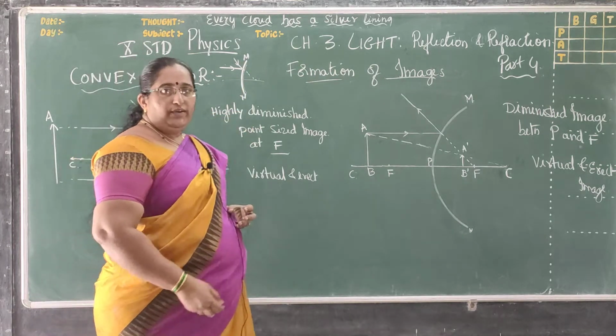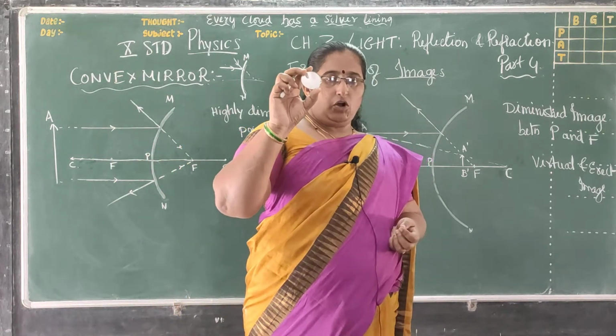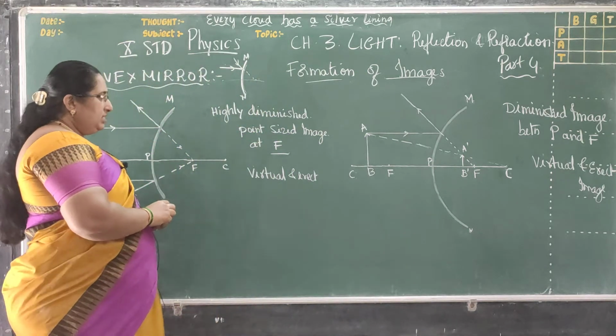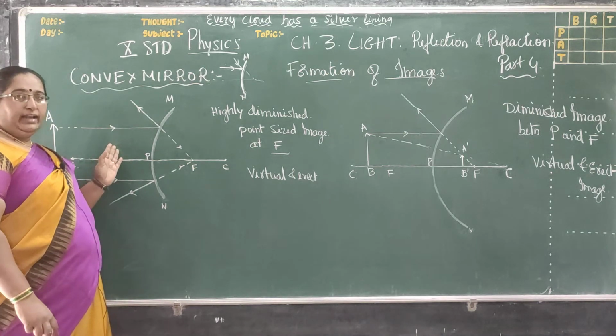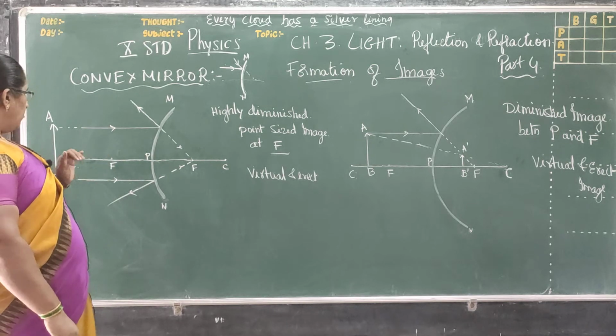So that is a convex mirror. In a convex mirror you will see the diminished image. This is your convex mirror. So how is the image formed in a convex mirror? For that, with the help of the ray diagram, let us understand the formation of image in a convex mirror.